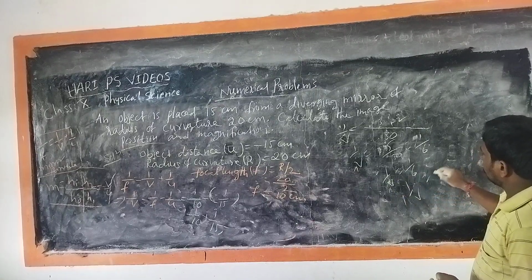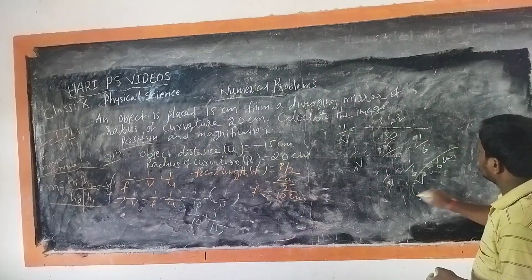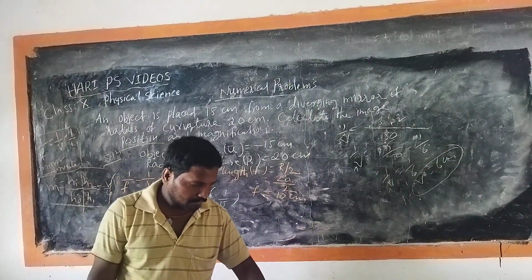So 1 by v is equal to 1 by 6, and then v is equal to 6 centimeters.